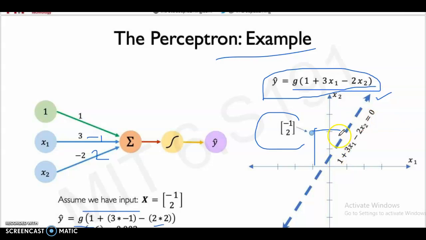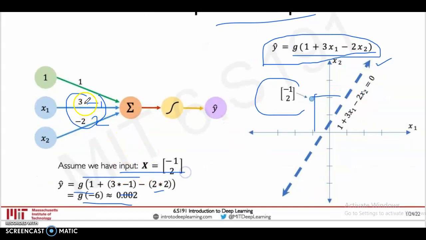Now we are changing the input here to minus 1 and 2. Assume x1 equal to minus 1 and x2 equal to 2.